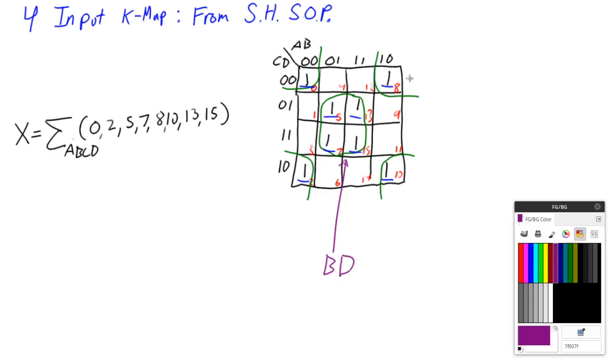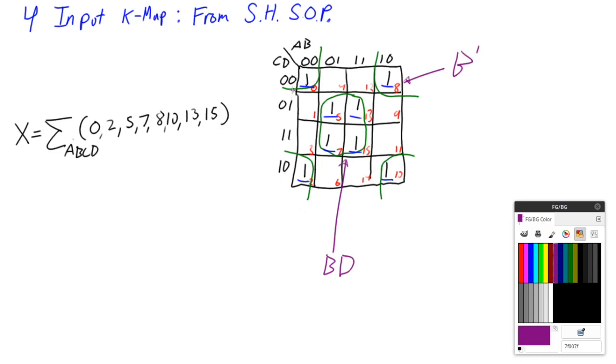Alright. Now this one's a little bit tricky, but it's still the same idea to do these 4 corners. So first let's see what's changing in these 2 columns here. So it looks like A is changing, B is staying the same, and it's staying as a 0. So that means we have B prime.